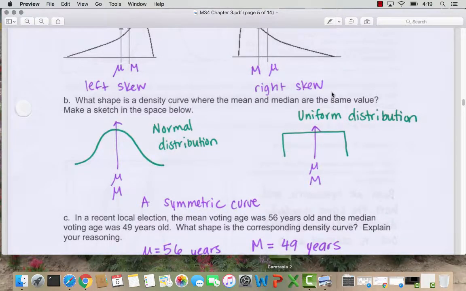And then what shape is a curve where the mean and the median are the same value? If it's a normal distribution of bell shape, we get this symmetric curve that looks like a bell with one peak. A uniform distribution would also be considered a symmetric curve, right? It's less interesting, but it still has balanced area on both sides.